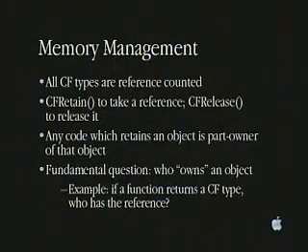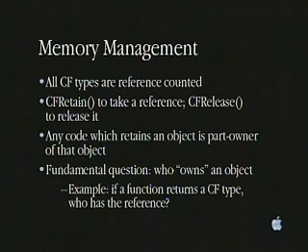So CFRetain, which is one of the polymorphic functions, is used to take a reference, or increment the reference count of a CF object. This is sometimes called having a retain on the object as well, because CFRetain is used to increment the reference count.